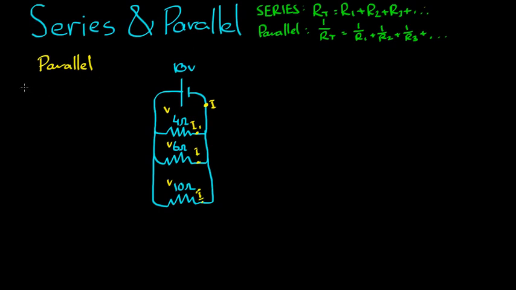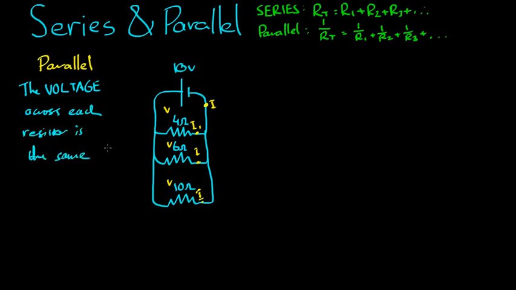In parallel, the voltage across each resistor is the same. So we can find the voltage across this one, and this one, because they're all 10. That's easy.